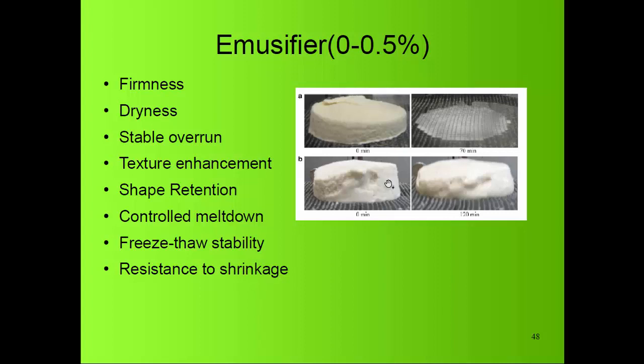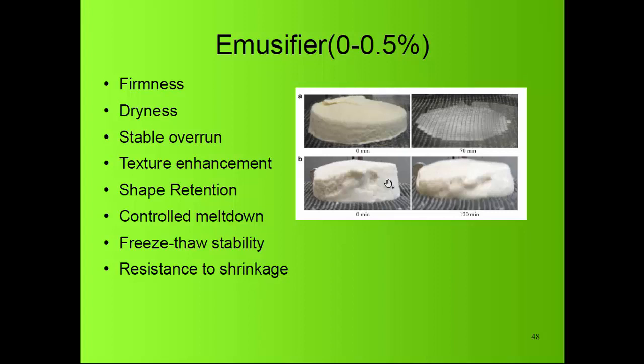So emulsifiers add some firmness and some dryness, right? And they stabilize the overrun so that air doesn't leave the ice cream and it shrinks. Sometimes you'll see that if ice cream's there for a really long time. It also enhances the texture. It keeps the shape better and controls the meltdown.